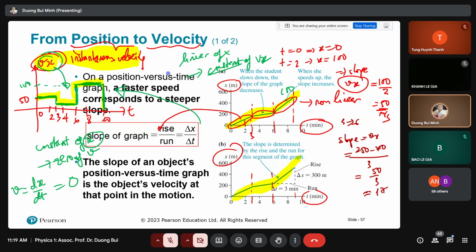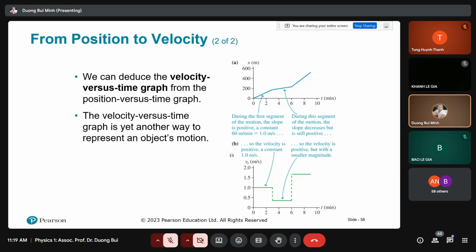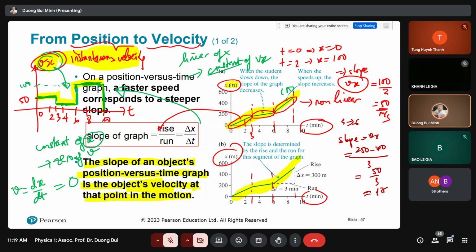That is the reason we have the sentence here: the slope of an object's position versus time graph is the object's velocity at that point in the motion. So that means here I draw x versus time, and this is velocity versus time.